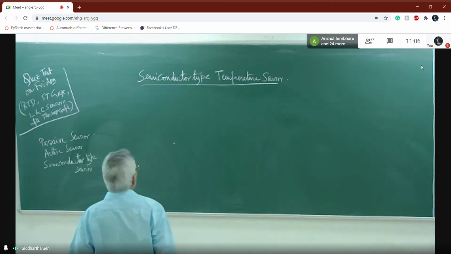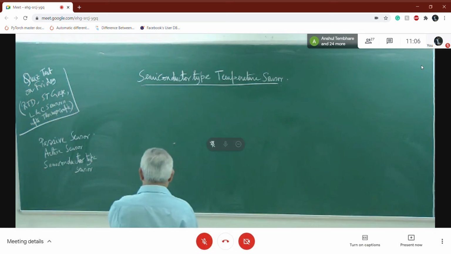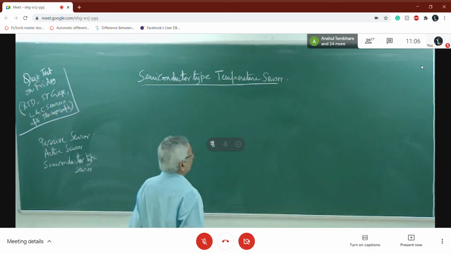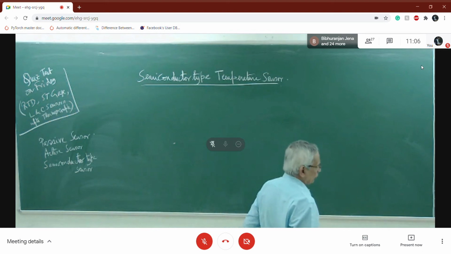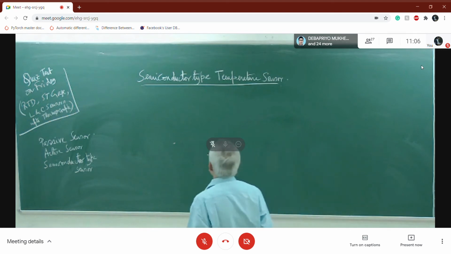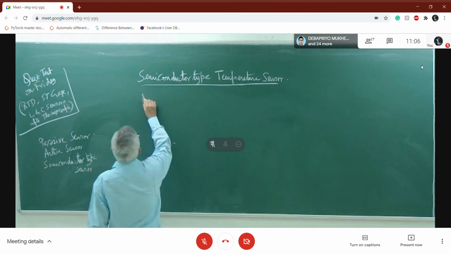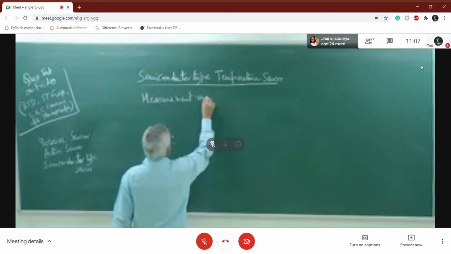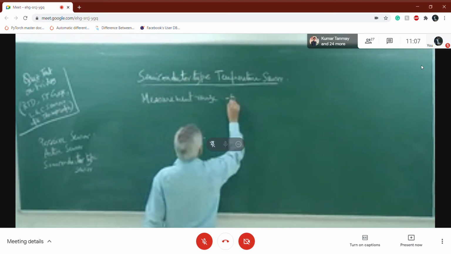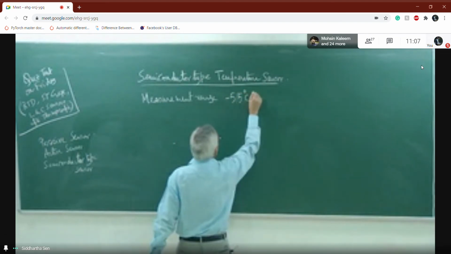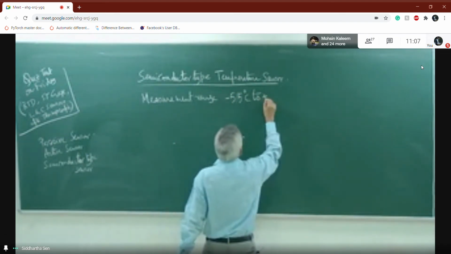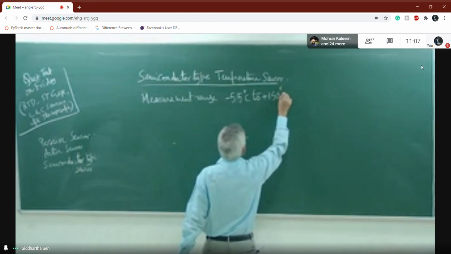The semiconductor type sensor is very useful and very popular for the measurement range of minus 55 degrees Celsius to plus 150 degrees Celsius.